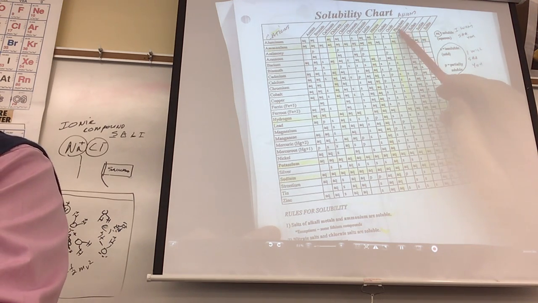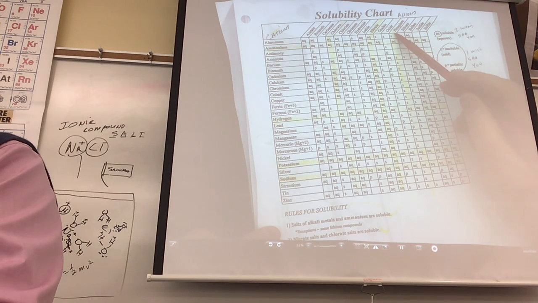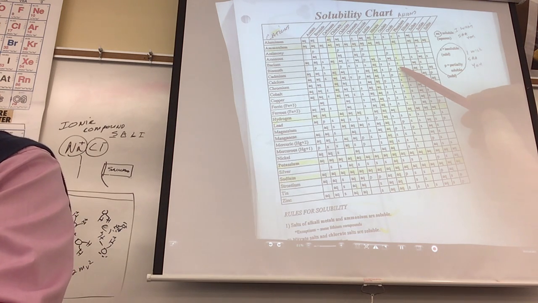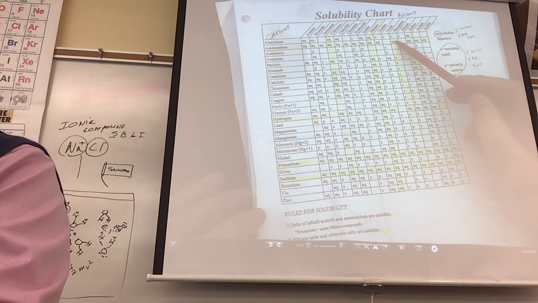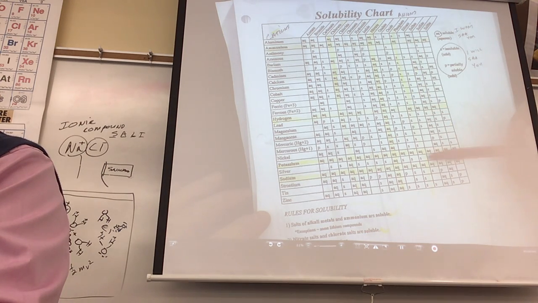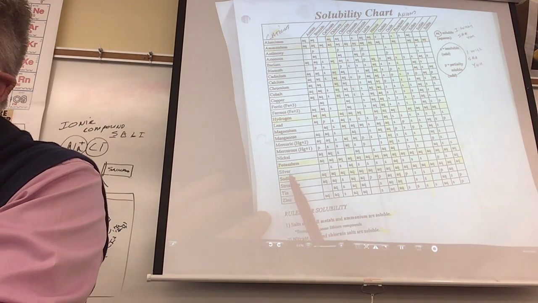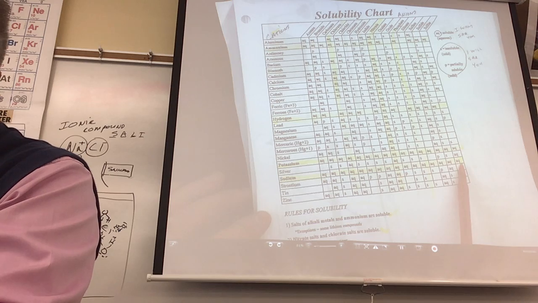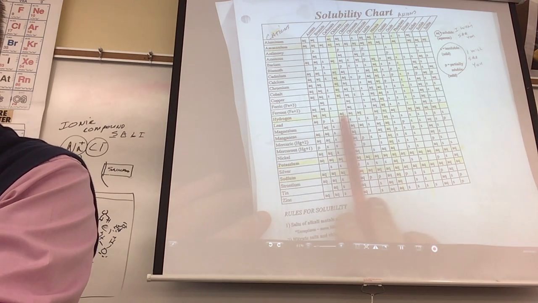Another class told me that almost all phosphates are turned into solids. They're insoluble. The only exceptions were ammonium, hydrogen, potassium, and sodium. And you told me that too. You said all potassium salts were soluble. All sodium salts were AQ. They would dissolve in water. And all hydrogen, that would be acids.